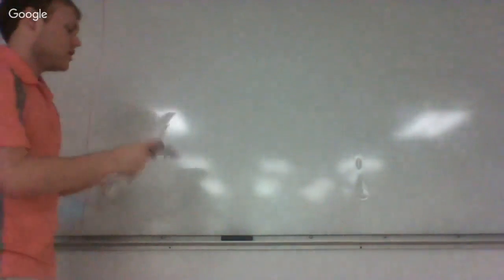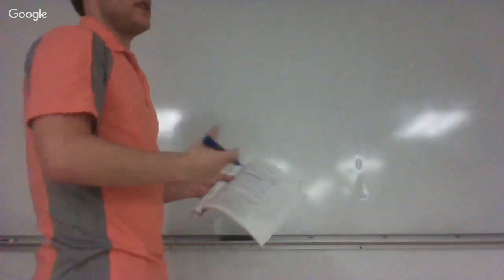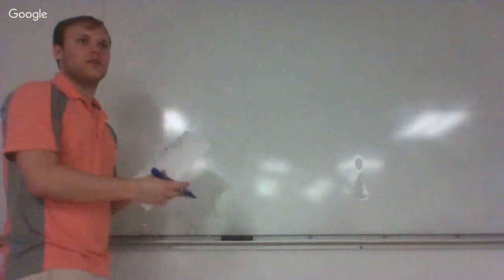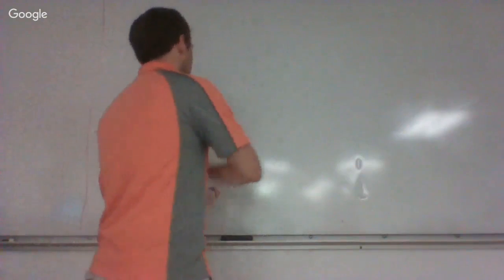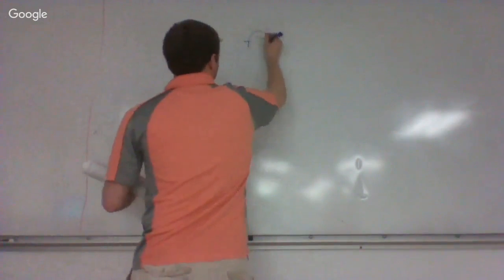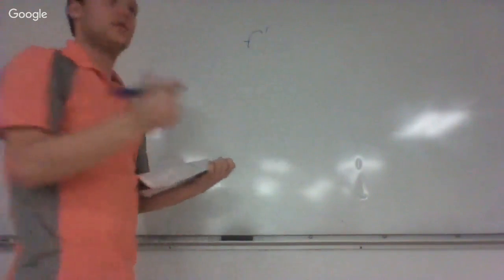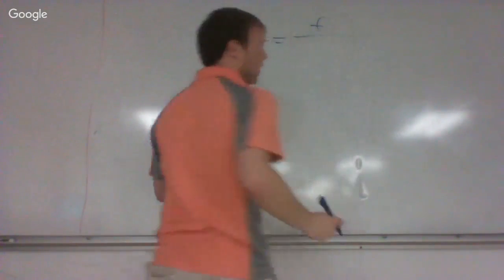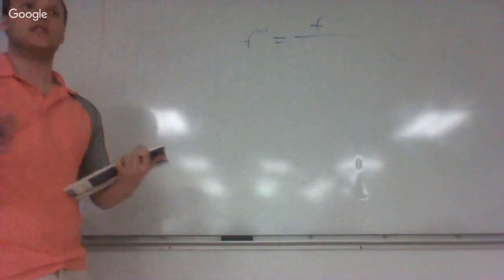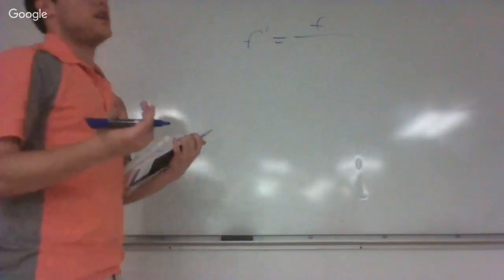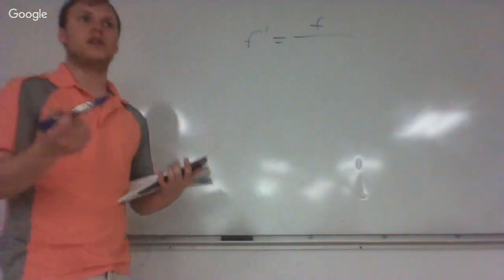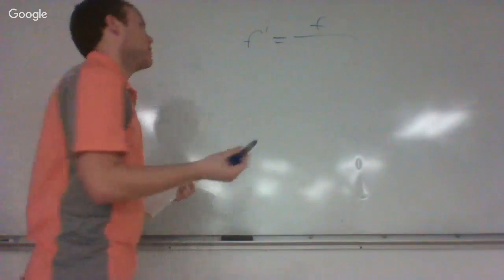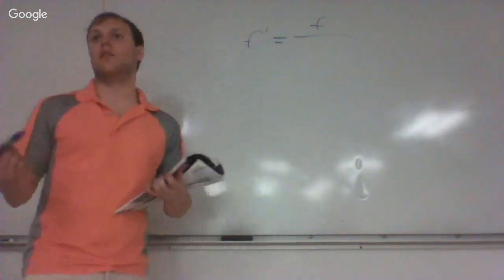For a moving source, let's say you're standing still and something is moving towards you. That's going to create waves. You have a frequency prime, that's the new frequency, equal to the frequency that the object is emitting. So if it's an ambulance, it's got the frequency of the siren that's blaring.